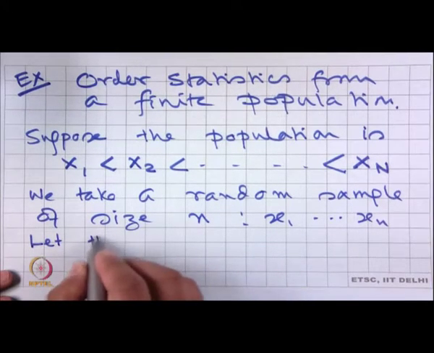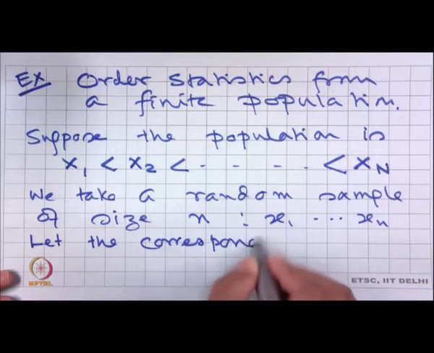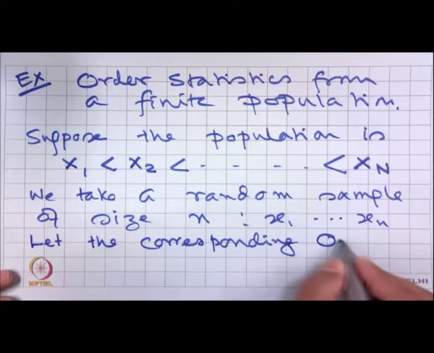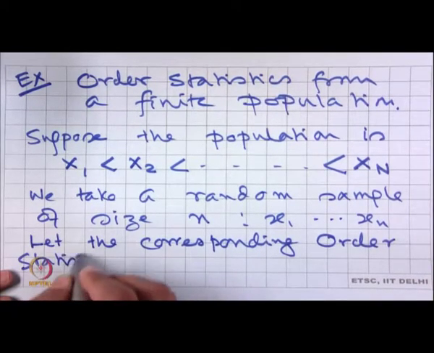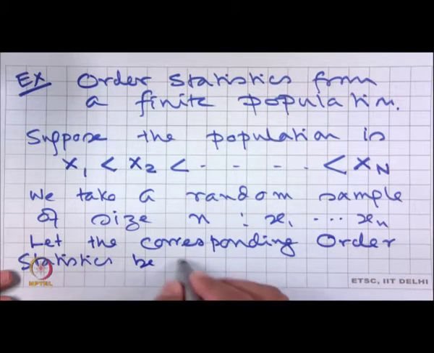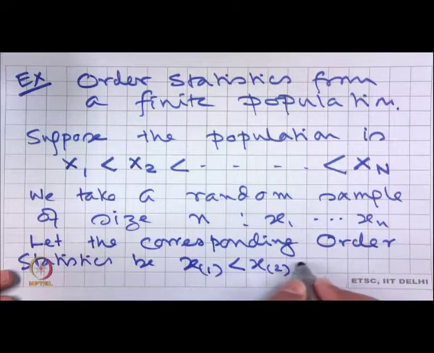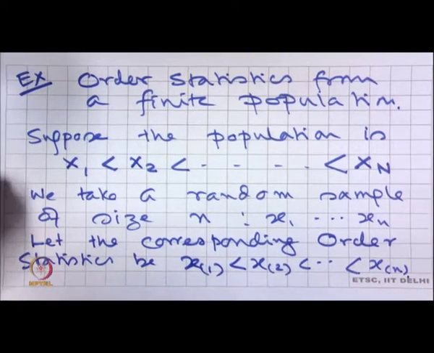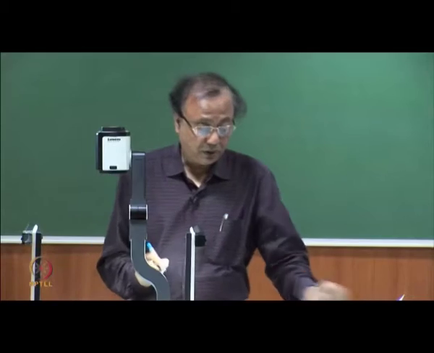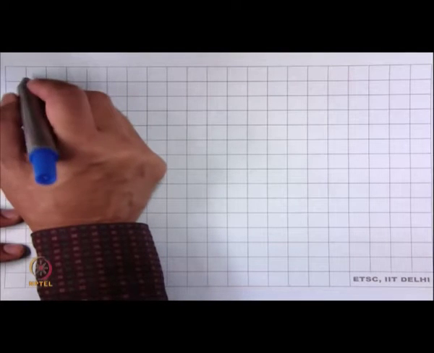Let the corresponding order statistic be x 1, x 2, x n. And then we want to compute some of the probabilities.